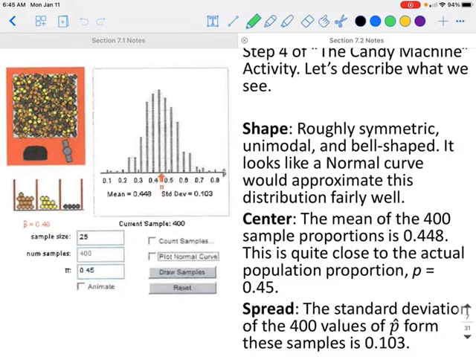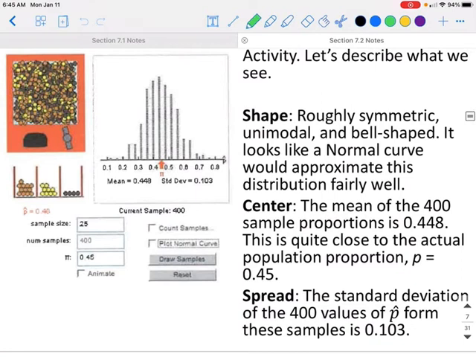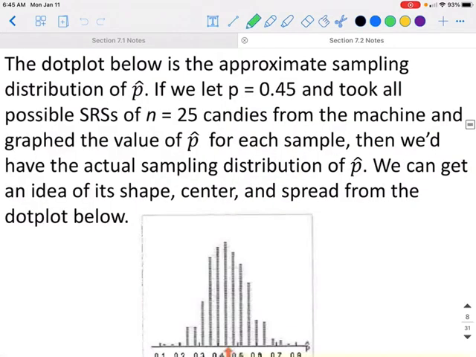So look at the spread. The standard deviation of those 400 values of p hat from these samples is 0.103. So the dot plot below is an approximate sampling distribution of p hat. If we let p be 45% and take all possible simple random samples of n equals 25 candies from the machine, and graph the values of p hat from each sample, then we would have the actual sampling distribution of p hat.